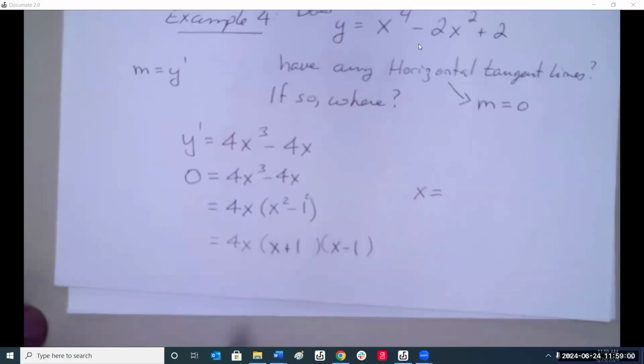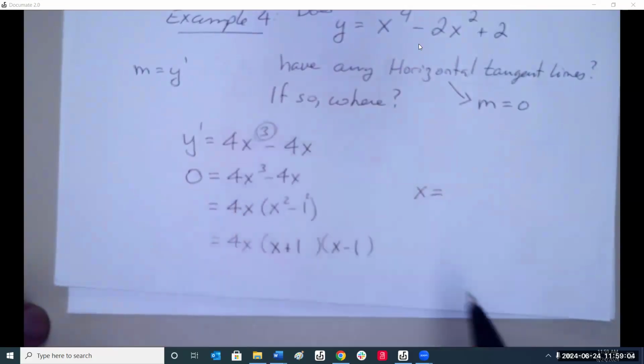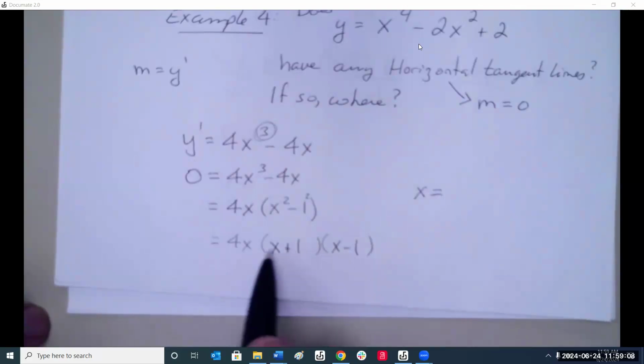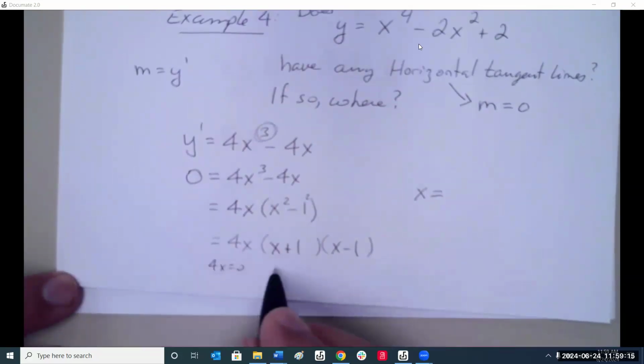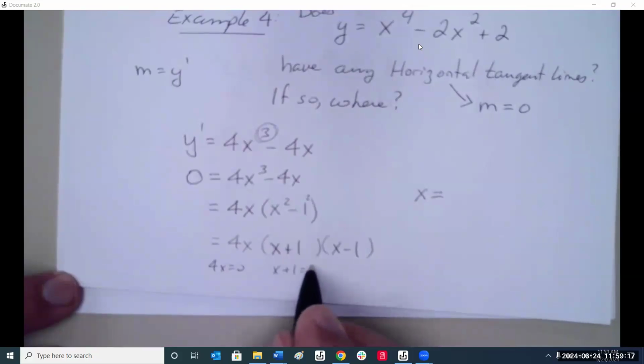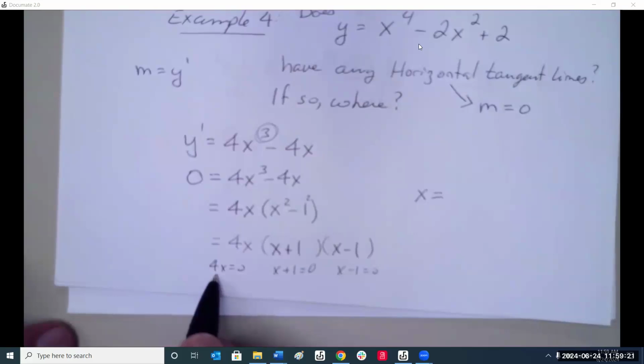How many answers are we supposed to get? How many do we have? How many factors do we have? So what do you do with each factor? What about that one? 0.